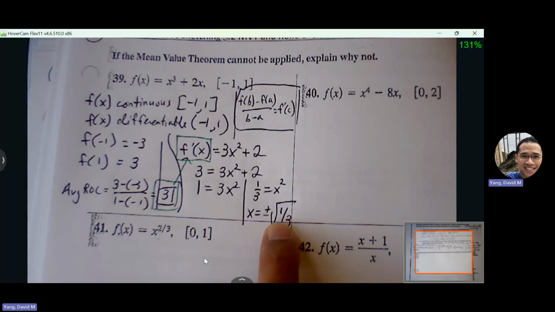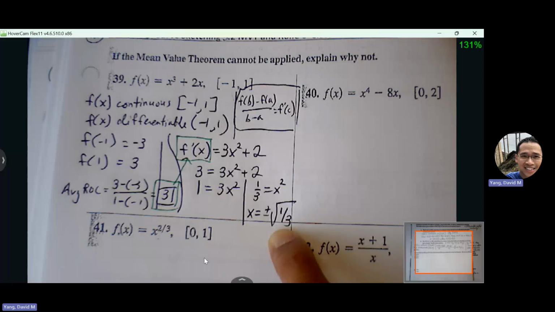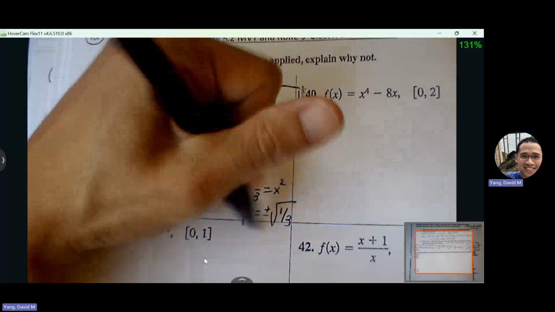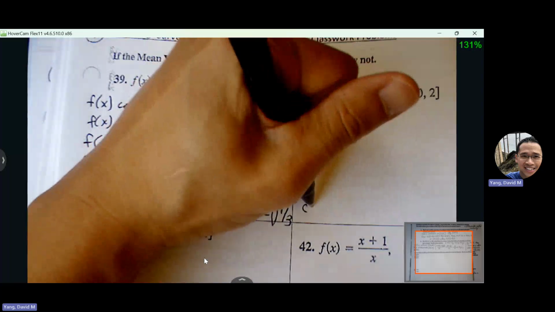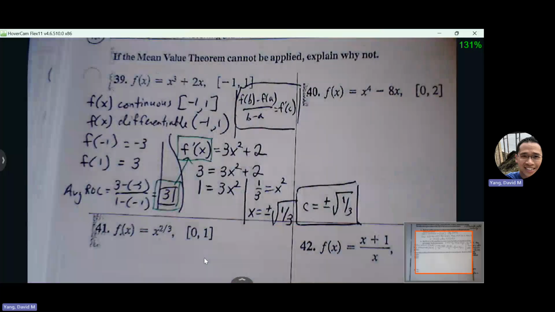Sometimes one solution is outside the interval, sometimes one is inside, but you're guaranteed at least one. And in this case, it looks like we have two that are valid. So we call our solution the c value. So we say c is equal to plus or minus square root of 1/3. You don't have to rationalize the denominator.